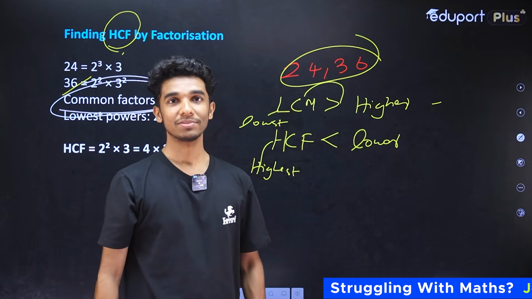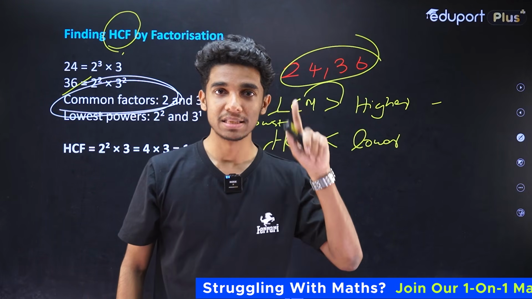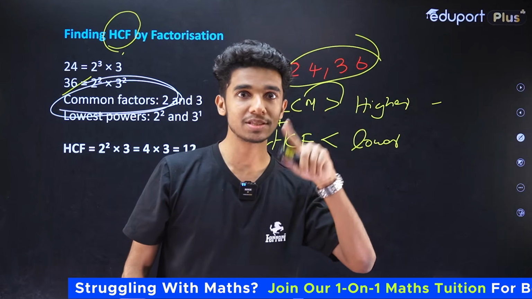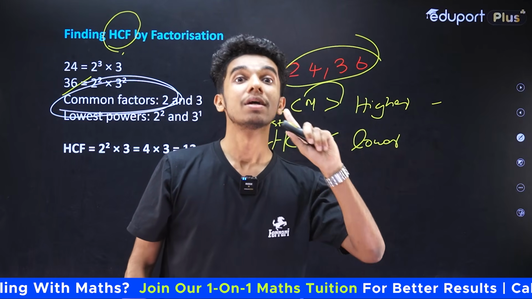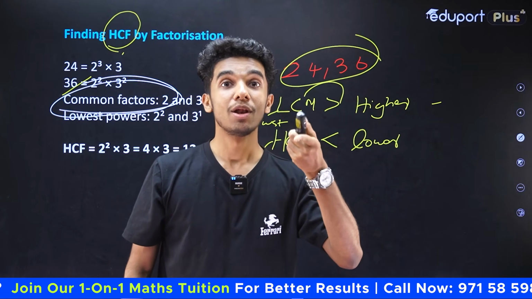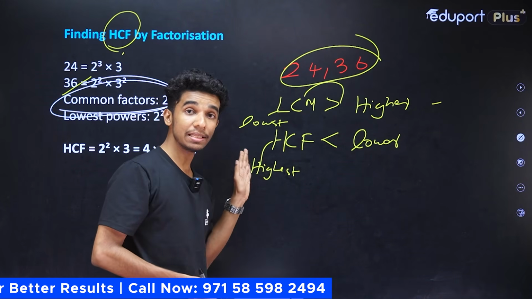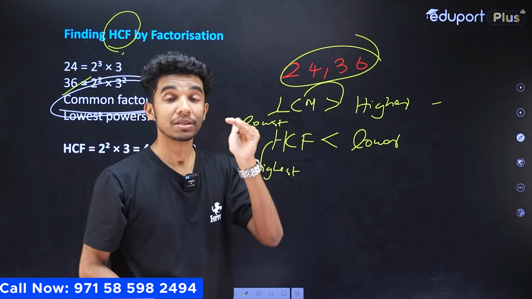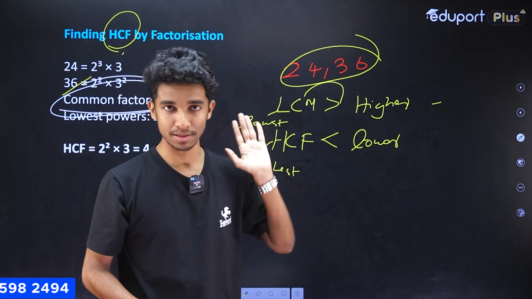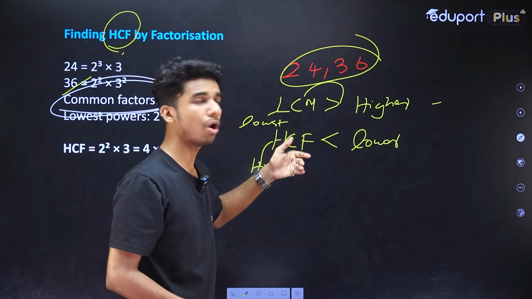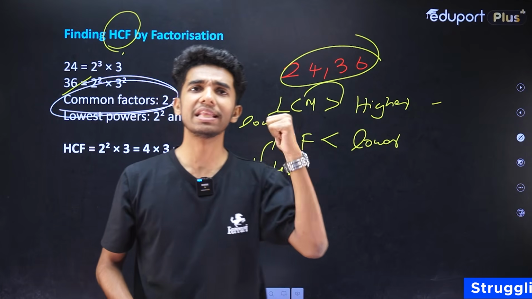Just the opposite. HCF will be lower than these two numbers, LCM will be higher than these two numbers. Did you get the shortcut? Try this trick to recheck your answers.